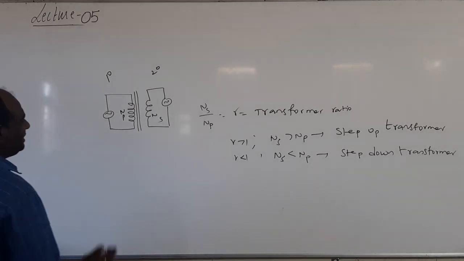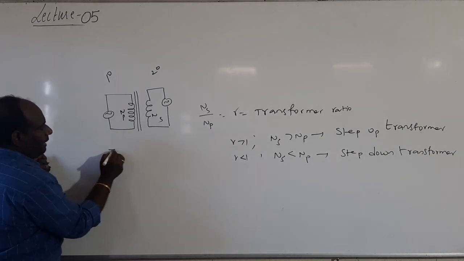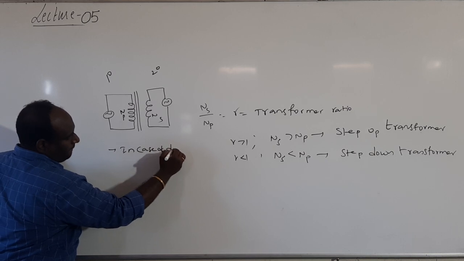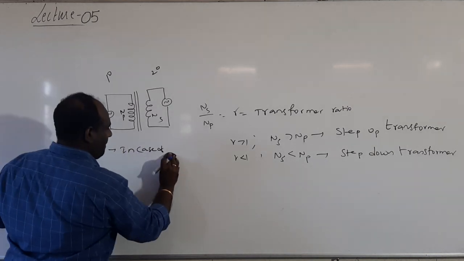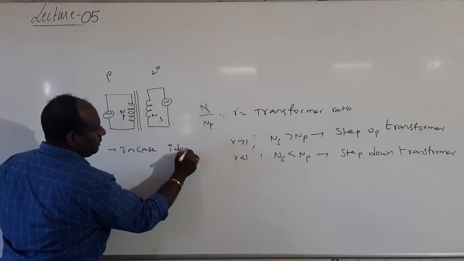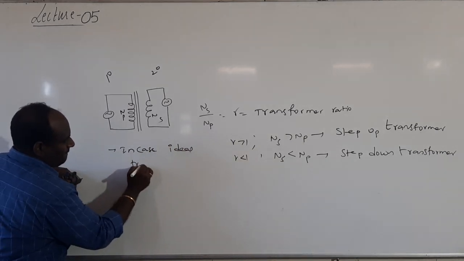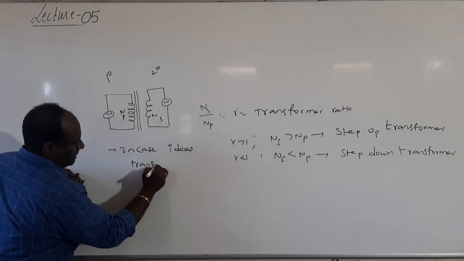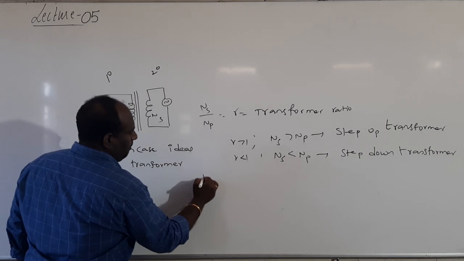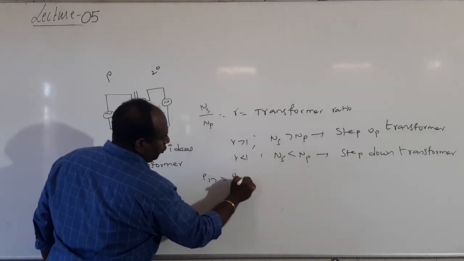Now we can consider the case of an ideal transformer. In case of an ideal transformer, power loss is 0. P input power is equal to P output power.